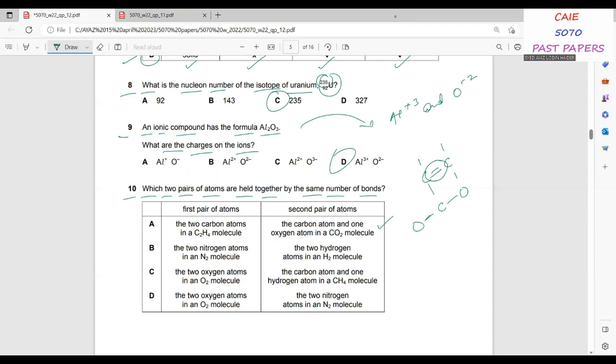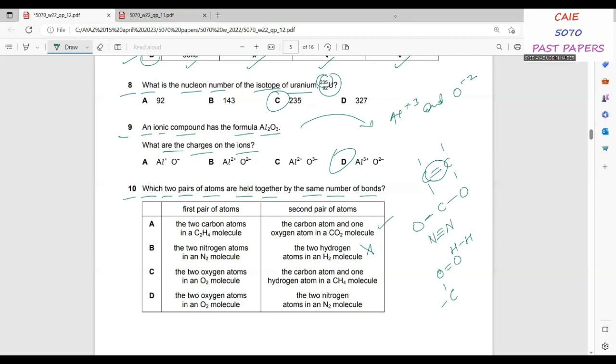What about B? The two nitrogen atoms in an N2 molecule. N2 is this. The two hydrogen atoms in an H2 molecule. This is H2. This is wrong. C, the two oxygen atoms in an O2 molecule. The carbon atom and one hydrogen atom in a CH4 molecule.